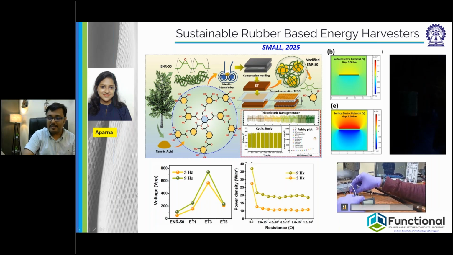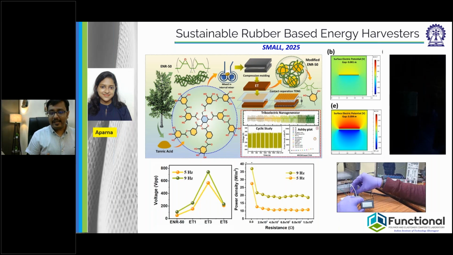Now, how is this happening actually? This is happening through the concept of the triboelectric nanogenerator. So what is a triboelectric nanogenerator? Basically, you have two polymeric materials which have different electronic properties. That means in some cases the polymers can have electron donating groups, and they can have electron withdrawing groups.